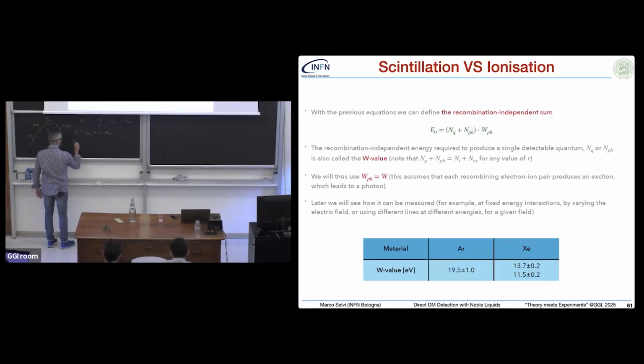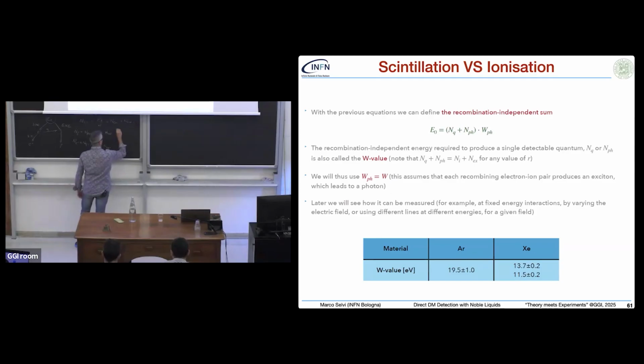On the other side, the number of electrons, also called NQ in some notations, is 1 minus R times the number of ions, because these are just the electrons which did not recombine. And clearly, if you sum these two, you get a cancellation, and so again this is equal to the number of photons plus the number of electrons.